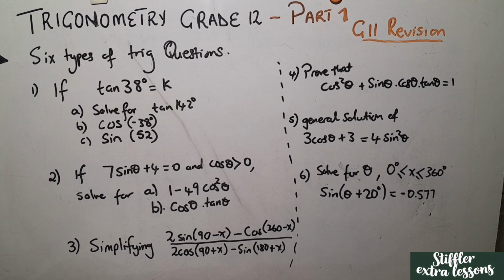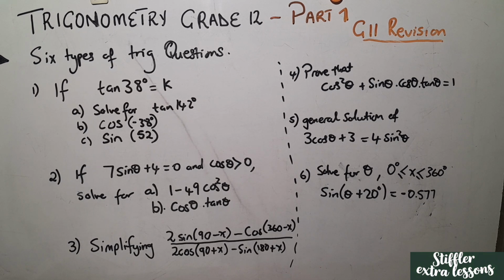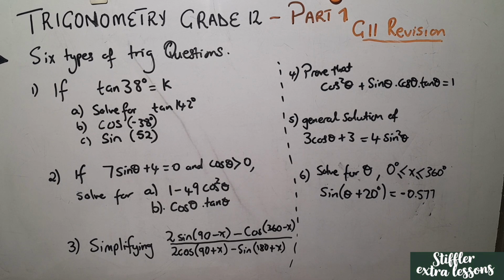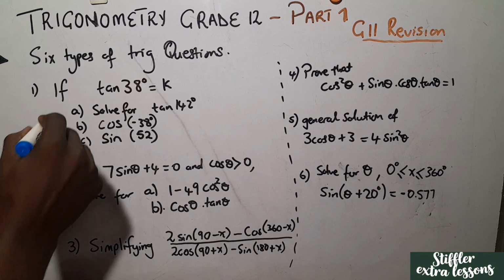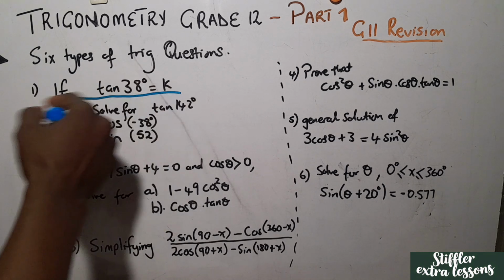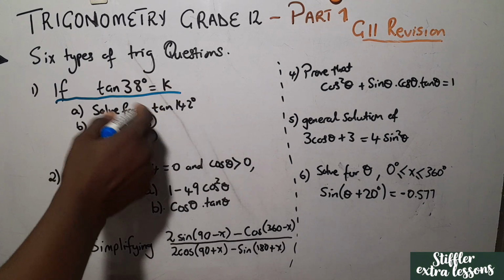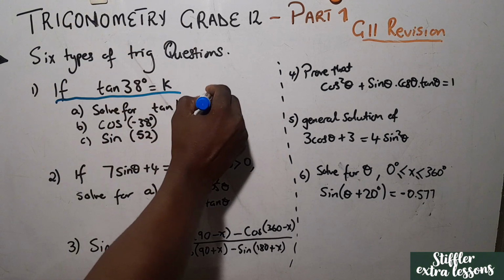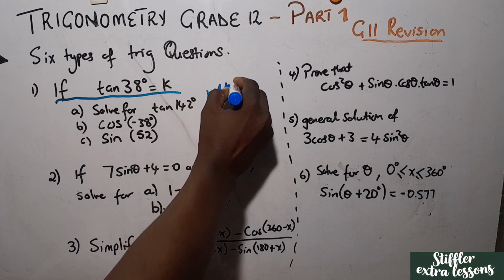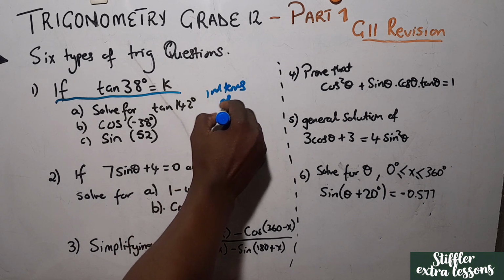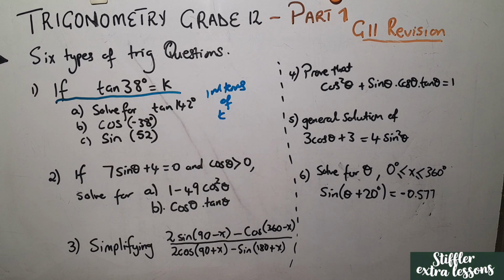Here we are with my 6 types of trig questions theory. The first type of question is this one. You're given, for example, if tan 38 is equal to k, and then solve the following in terms of k. That's the first type of trig question.